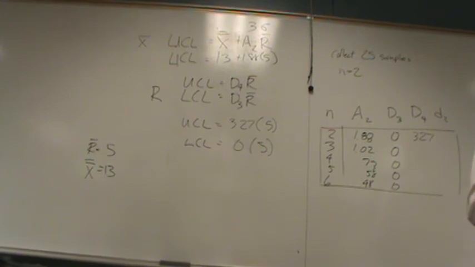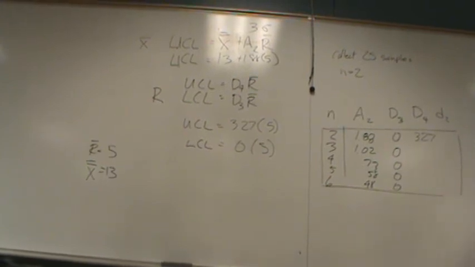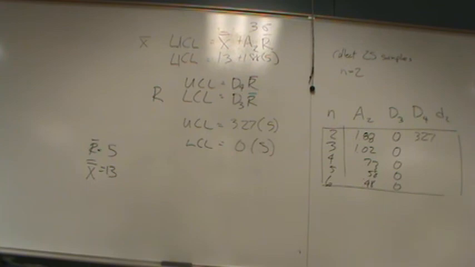What I want you to do is 10 samples, plot those. Let's do n equal to 2. And I want you to plot X bar and R directly over the top of each other. We're not going to worry about the control limits for right now.